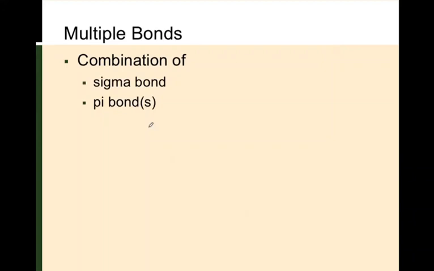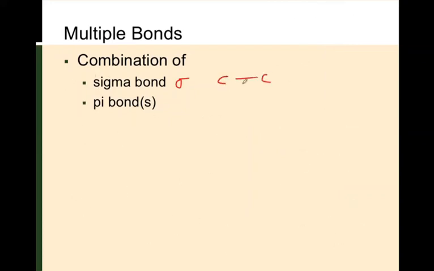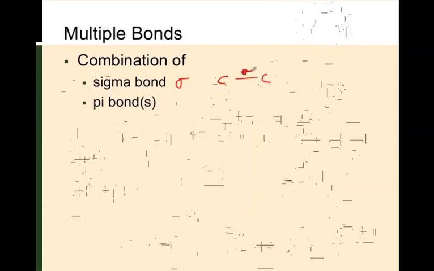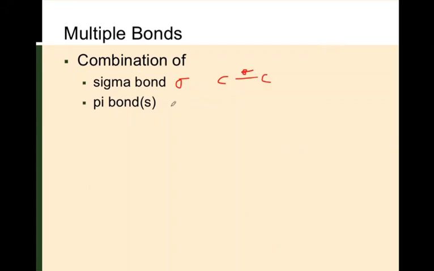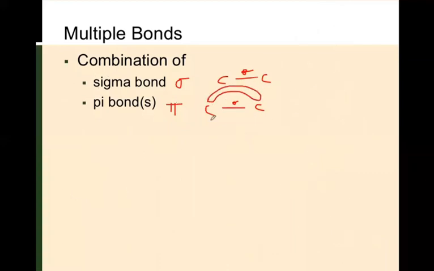So multiple bonds are a combination of a sigma bond and a pi bond. The sigma bond is the one that's along the internuclear axis. So this is a sigma bond for a carbon-carbon bond. And then for a pi bond, we have the sigma bond, and then above and below the plane, or even in front and behind, we have these pi orbitals.